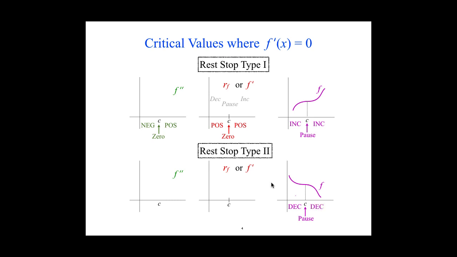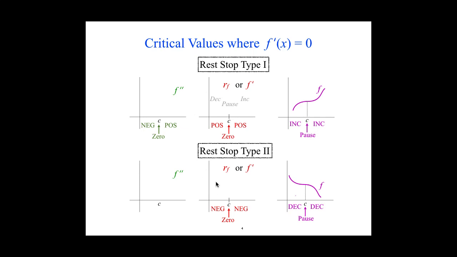So although it does have this pause, or a spot that you could solve for where the derivative is 0, it doesn't necessarily mean that I've got a maximum or a minimum. It just means I've got a place where the y values kind of hover for a moment. And in this case, it's hovering between going down and going down again, as opposed to going up then down or down then up. So the rate of change of this second purple graph here would be negative almost the whole time, just hitting 0 for a moment in the middle.